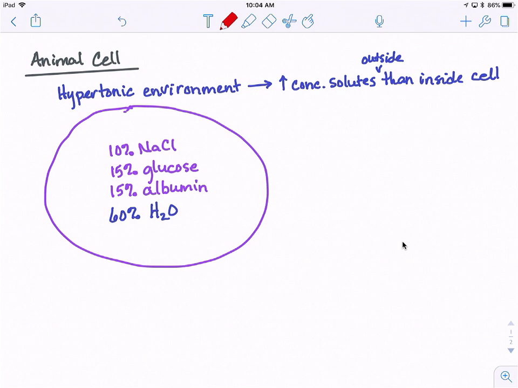Okay, out in my environment then, I still have some sodium chloride, some salt. I have some glucose.